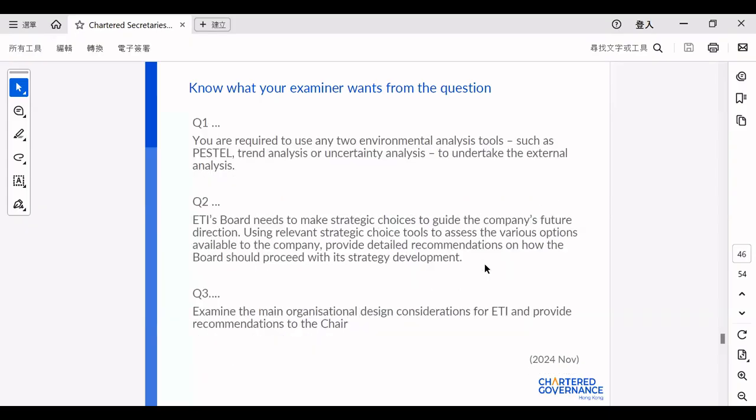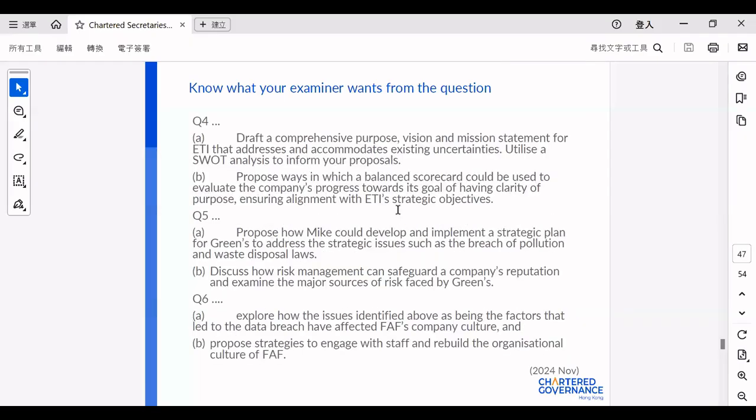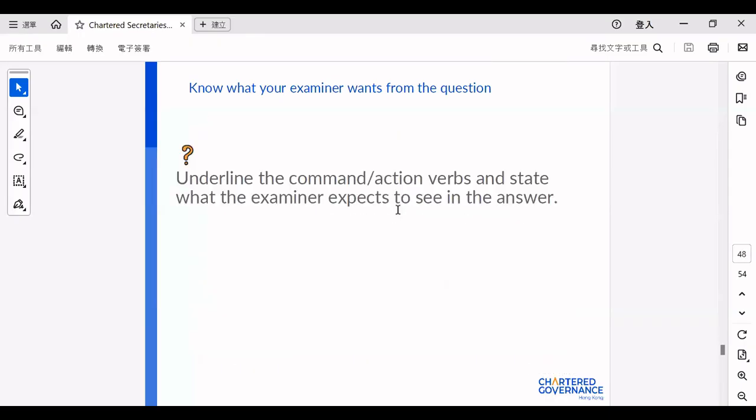So I will pause here for 2 minutes and see if you can underline the action verb and just write down some notes on what the examiner expects to see in the answer.